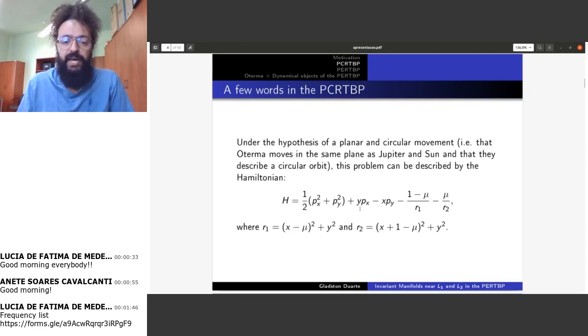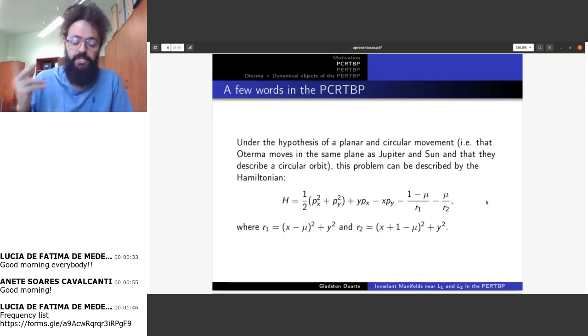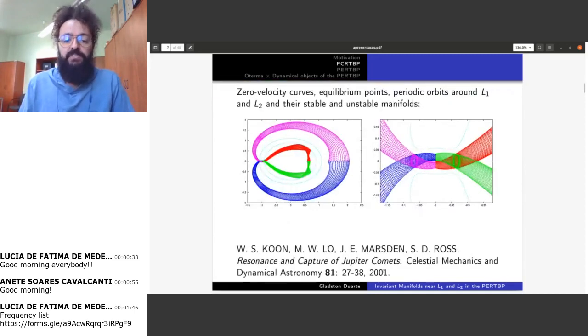We are using x and y as coordinates, px and py as momenta, and mu is the mass ratio between Jupiter and Sun. In 2001, this group of people described who is responsible for this transition behavior.